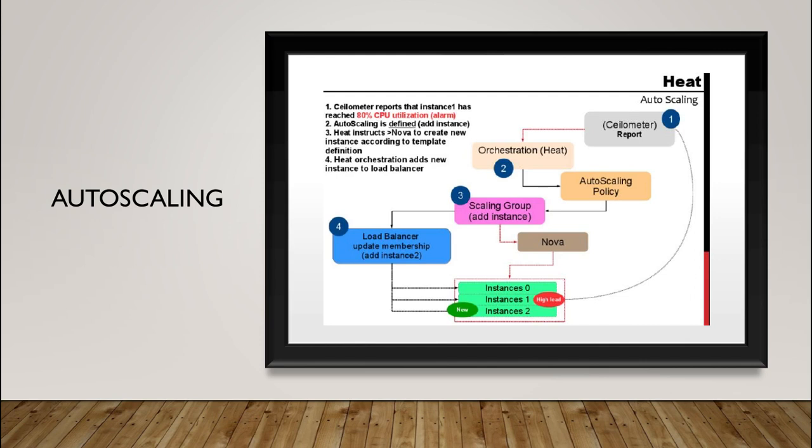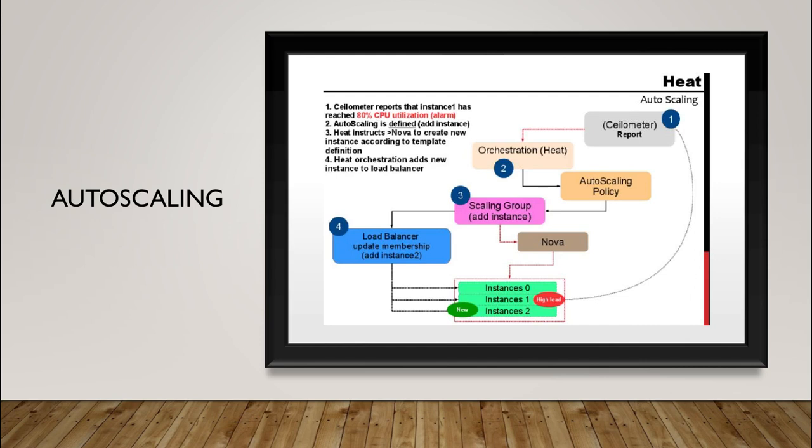In Heat, suppose you have specified that if CPU goes above 90%, it should deploy a new instance. So it checks, okay, I have to add an instance, and as CPU is above 90%, it will go and launch a new instance on Nova. Suppose previously you had only instance 0 and instance 1; now it will add one more, instance 2, so that the load is distributed among these instances and CPU usage goes down below 90%.